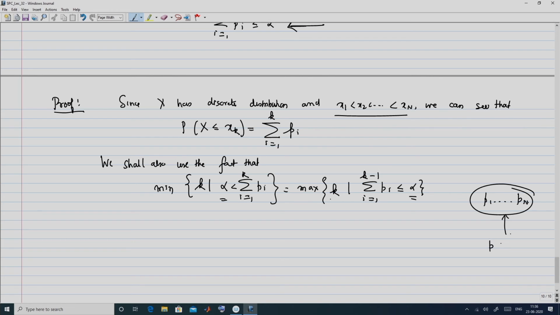So, the sum of the probabilities in one case will be less than or equal to alpha, and the sum of the probabilities in the other case is going to be greater than alpha. So, essentially you look at the cumulative distribution of the probabilities, and then you identify the point where alpha is going to lie.